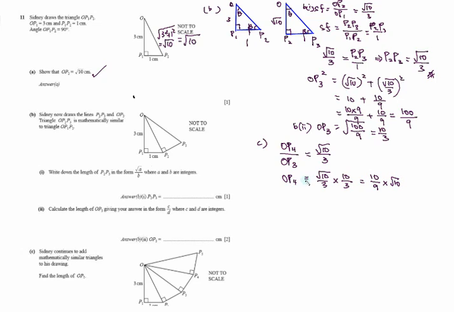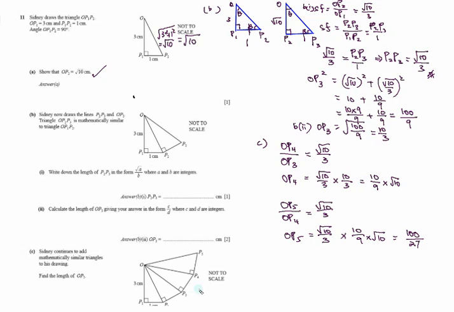Now, since these are all similar triangles, then you take OP5 over OP4, you will get the same scale factor. Therefore, OP5 is equal to square root 10 over 3 times OP4. OP4 is 10 over 9 times square root 10. So square root 10 times square root 10 becomes 10, and 10 times 10 is 100 over 27. So that is your OP5.